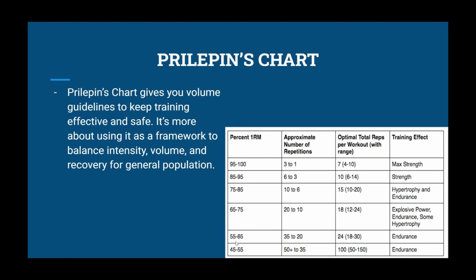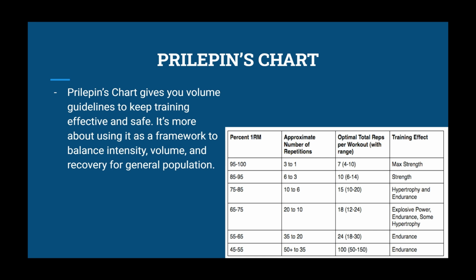Then as we get down into the lower percents, we get higher reps, higher optimal reps per workout, with a mostly endurance focus. The way you can use this chart is by looking at what your focus is on the far right. If we are looking at our effort-based A block for tier 1, that is where we're looking at max strength and strength. So our first 2 rows, basically 85 to 100% of 1 rep max, for anywhere from 7 to 10 reps per workout.